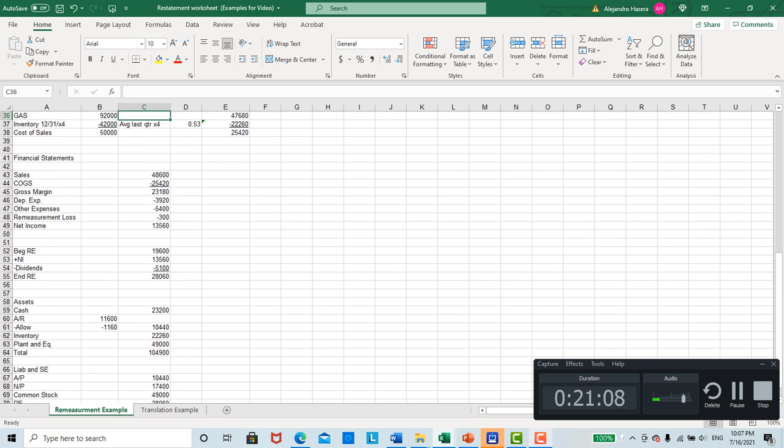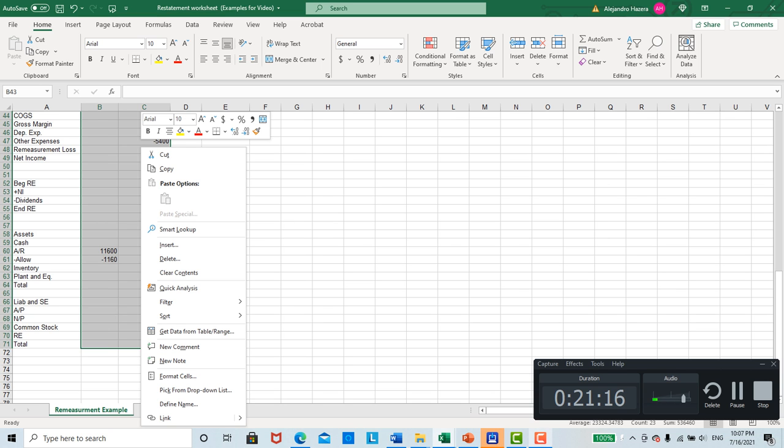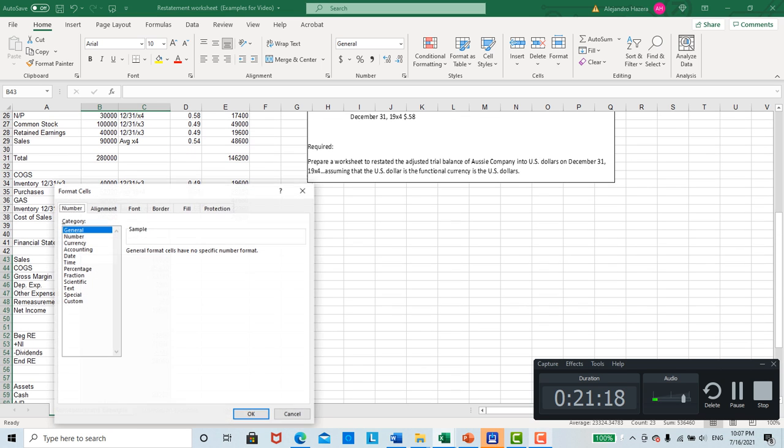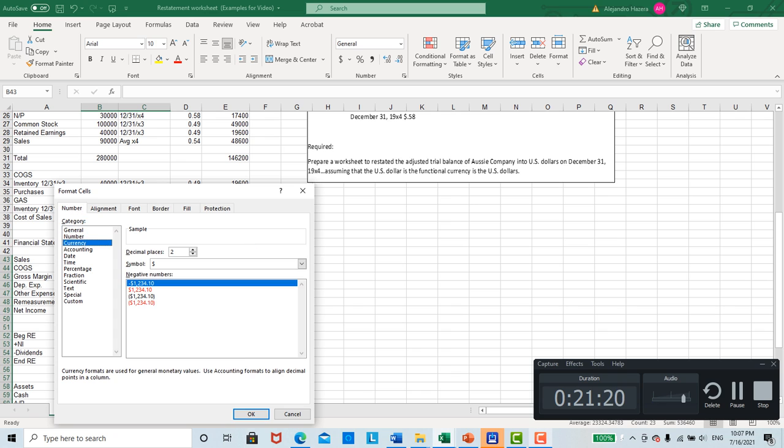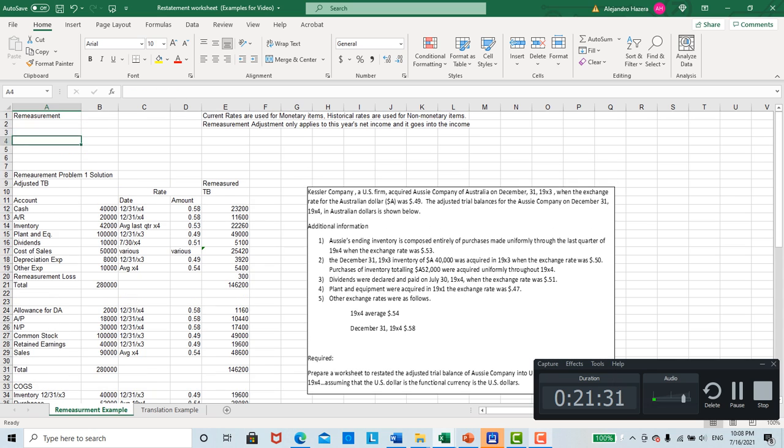Let's change just a couple points, and I've got to make sure I don't lose all my computer space here. Let's change this to dollars. These are US dollars again. You just use a different method. So it's the currency. These are US dollars, not Australian dollars.